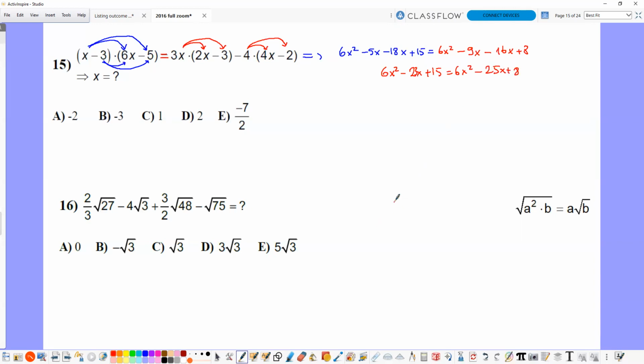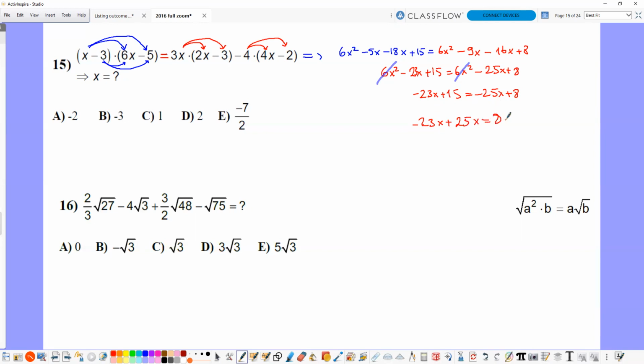Here the important part: 6x squared and 6x squared, since it is on both sides, we can eliminate these terms, which becomes minus 23x plus 15 is equal to minus 25x plus 8. So minus 23x plus 25x, I'm collecting the like terms to one side.